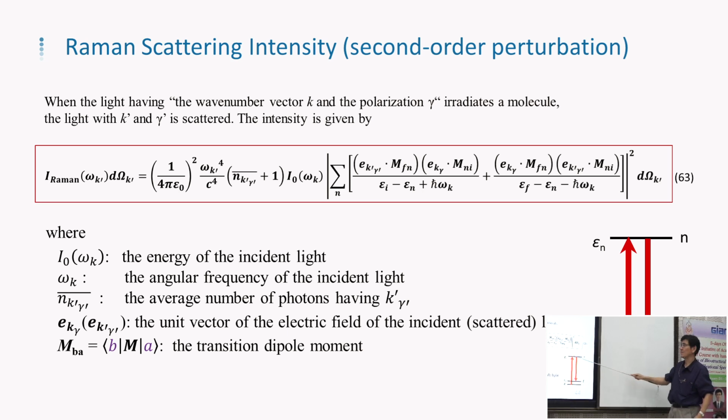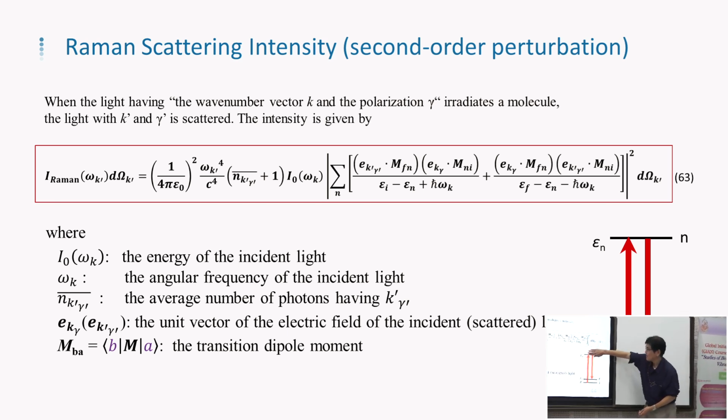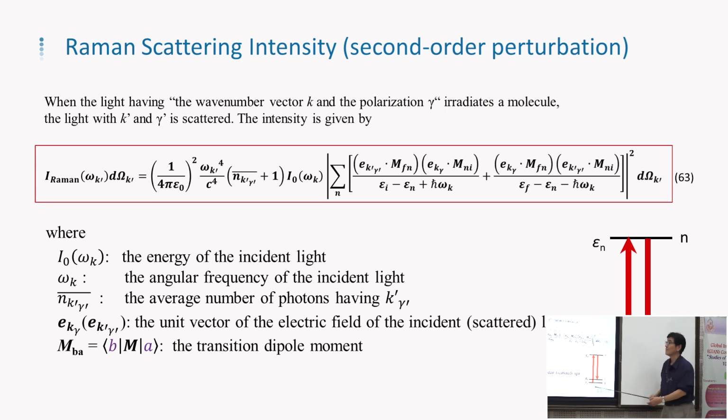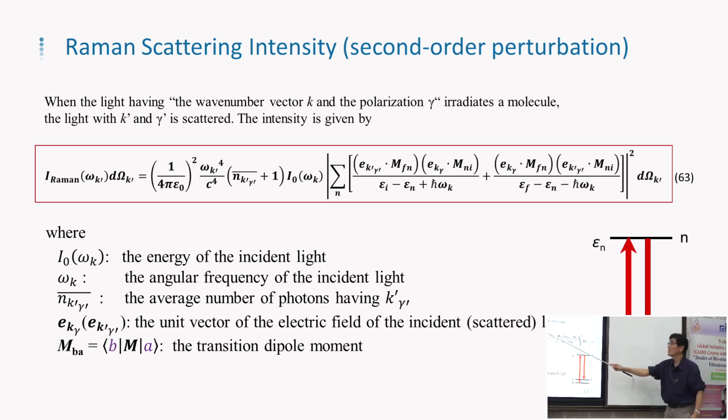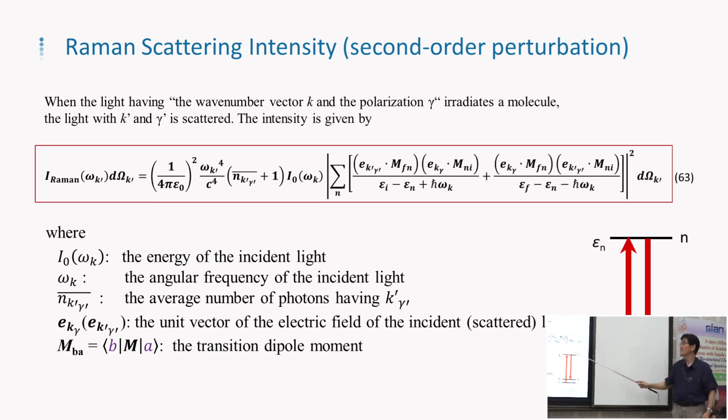If this is a forbidden transition, intensity does not appear. Okay? And this is in the case N is a real state. If there is a virtual intermediate state N, then this is virtually non-zero, because it includes all the possibilities.